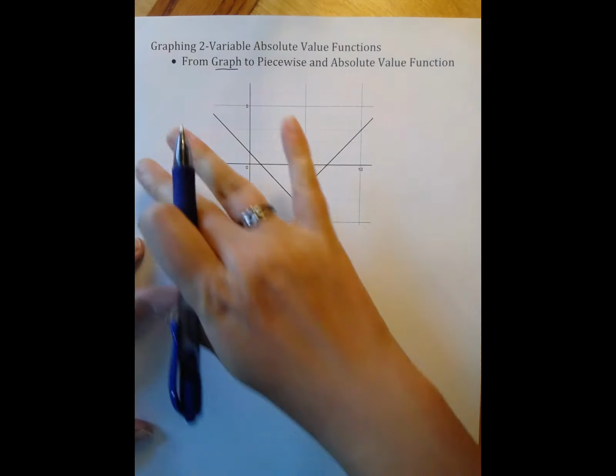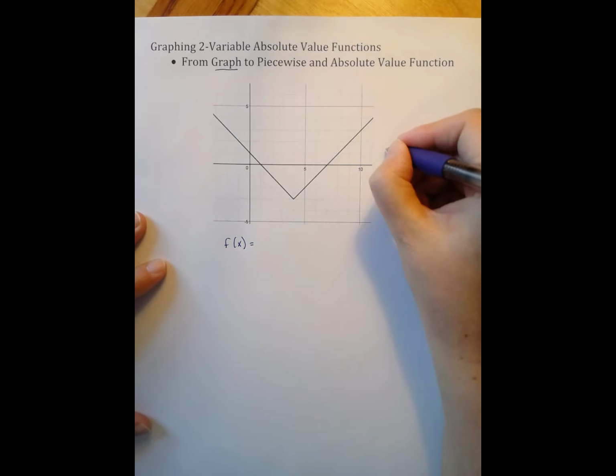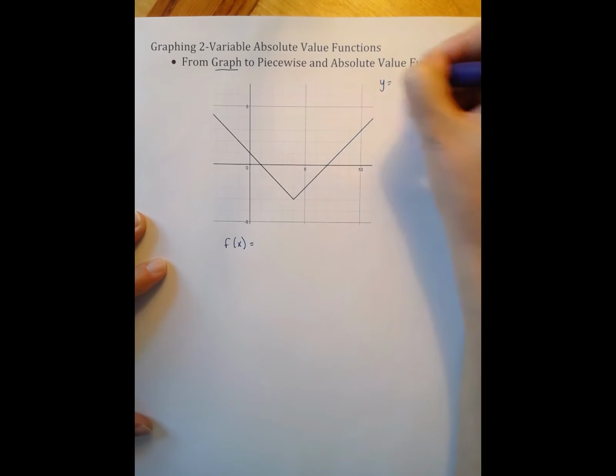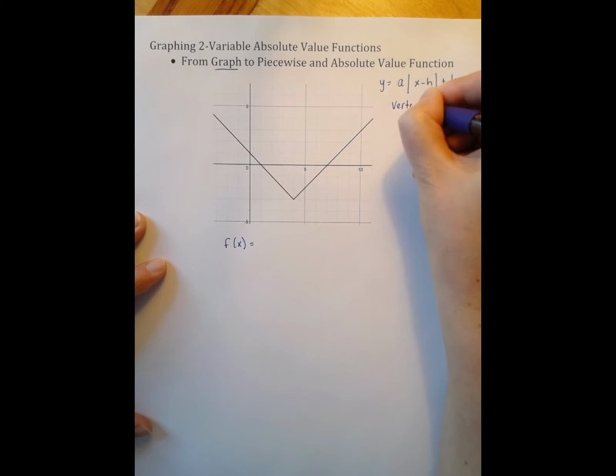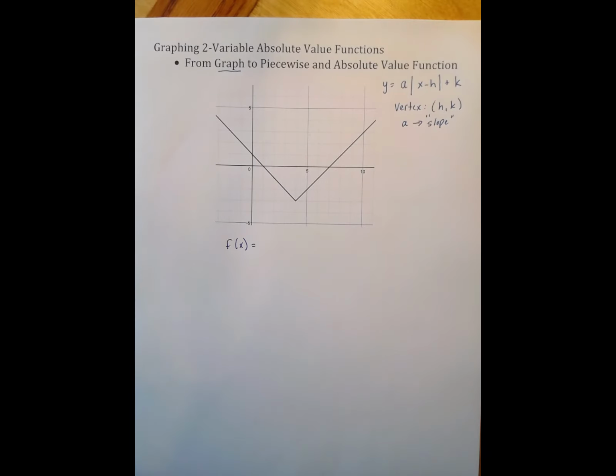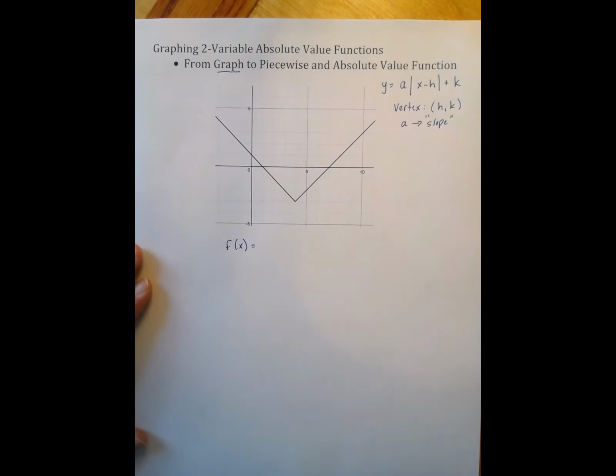And what you've learned in class is that absolute value functions can be written as some constant times absolute value of x minus h, plus k, where the vertex, just like in a parabola, it has a bottom or a top, is h comma k, and a acts as the slope. But I'm going to put that in quotations because it acts as both a positive and a negative slope, which is the part that makes it the absolute value. It flips it up or down.